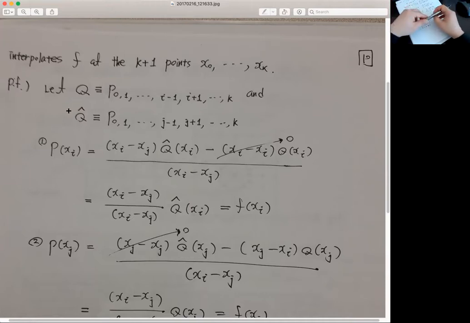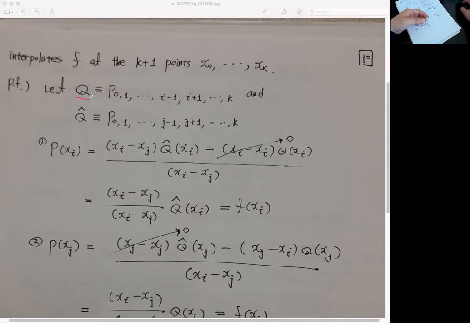To do that, we're going to introduce the new notation Q. What is Q? Q is the Lagrange polynomial approximation that agrees with f of x at x0 through xk except for xi.